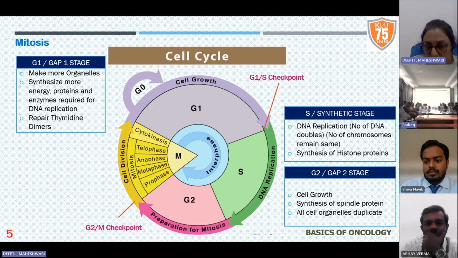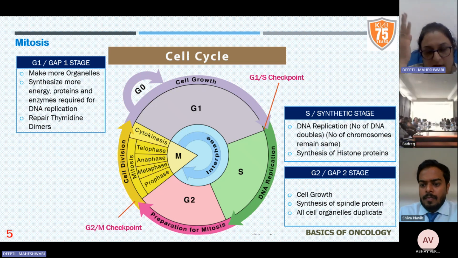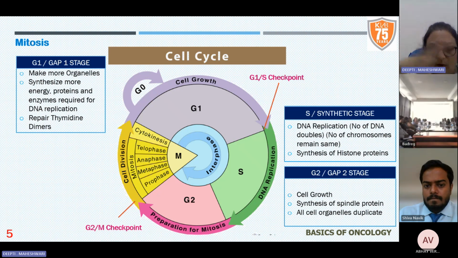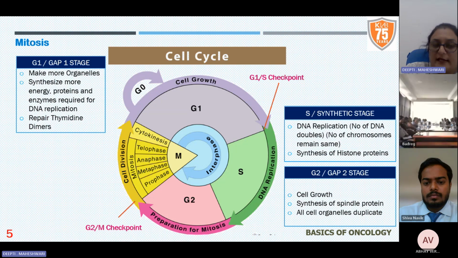So a nucleus is formed, and all the cell organelles which were present in the cell which had duplicated in the G2 phase will also go to two different sides, and then after the entire genetic matter and the cell organelles have gone to two different sides, you have cytokinesis where the cytoplasm also divides, and then you have the formation of two new cells which are exactly identical to the parent cell. So this is happening in the cell mitosis phase.